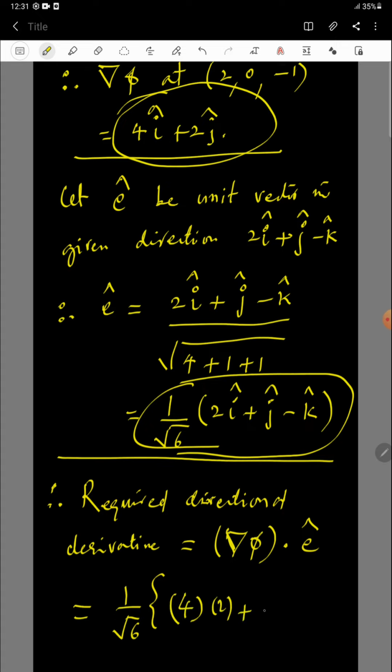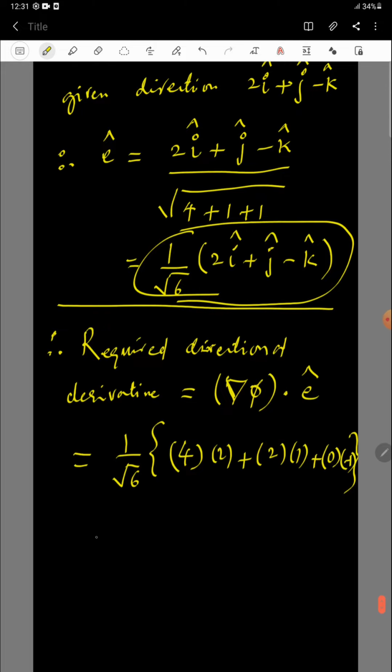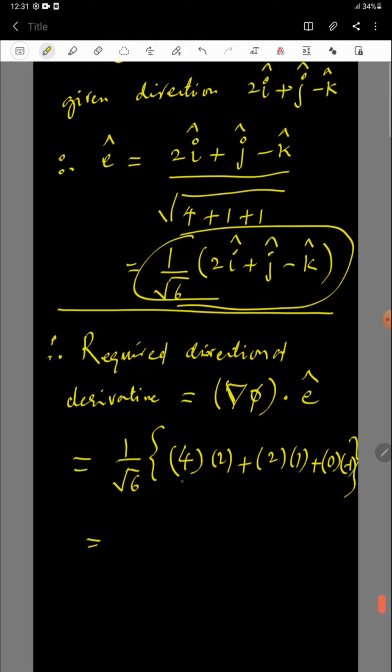Now j coefficient into j coefficient, that is 2 into 1, and the k coefficient is 0 in this particular del phi, so it will be 0 into this particular minus 1. That is not required actually because it becomes 0. So finally it is 8 plus 2, sorry, 6 plus 2, which is 8. So it will be 8 by root 6. This is what is our required directional derivative. I hope you understood.